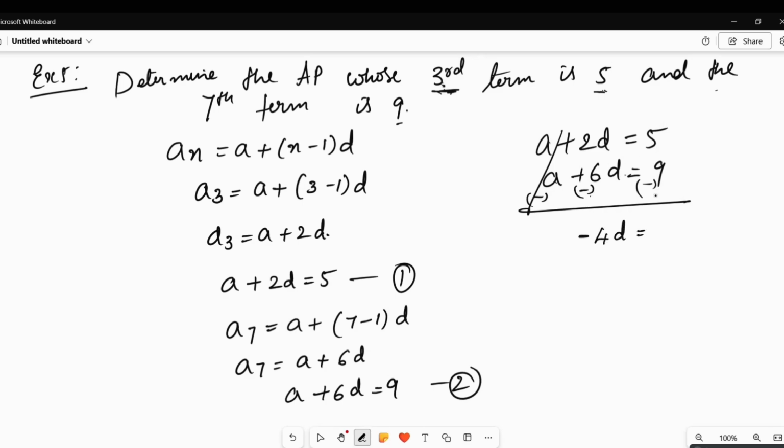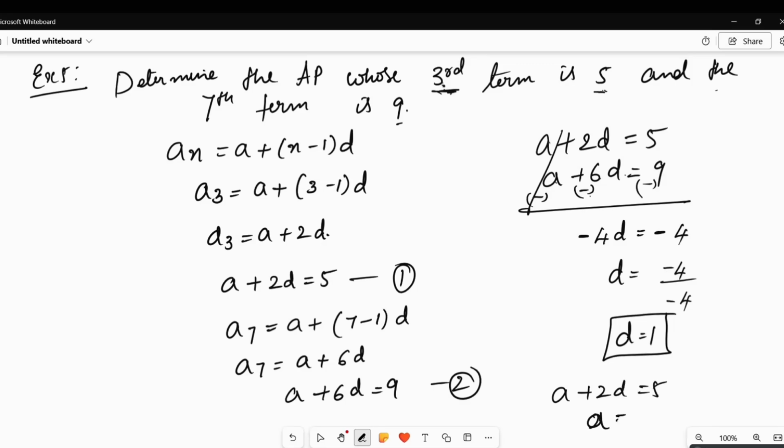So that is equal to minus 4. So d is equal to minus 4 by minus 4. So d is equal to 1. Okay, right. Now d I know, I can find a. a plus 2d is what? 5. a is equal to 5 minus 2d. So a is equal to 5 minus 2. So a is equal to 3.